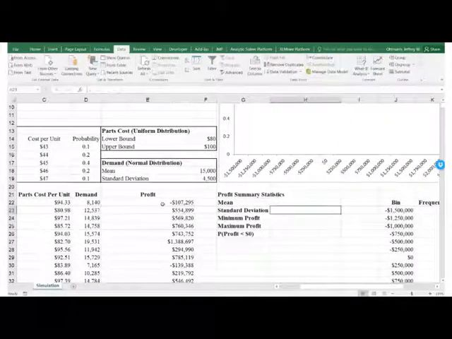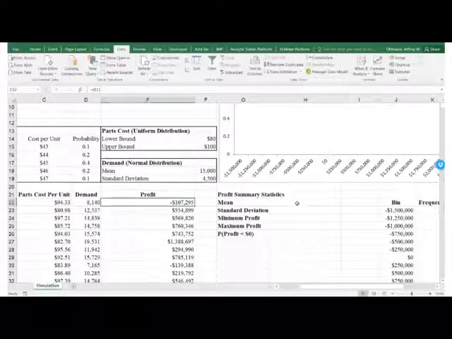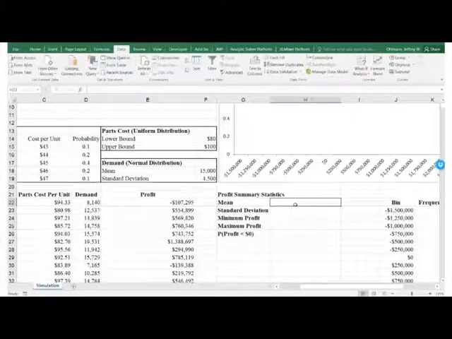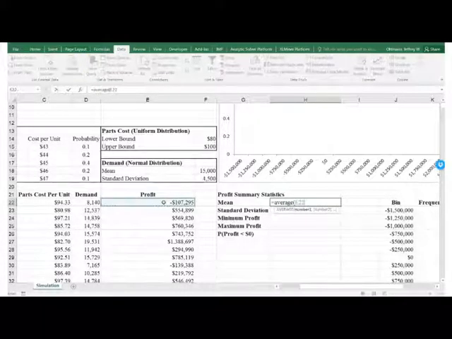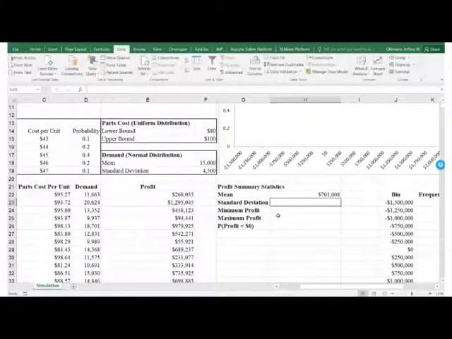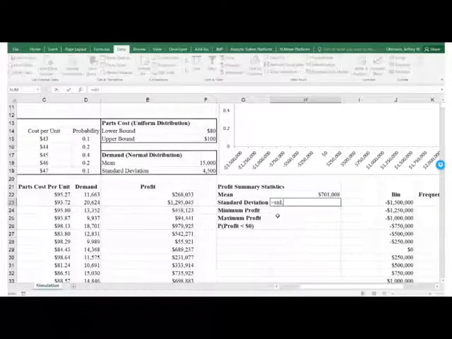We can now take these 1,000 observed values and compute summary statistics from the profit. You take the average profit of the 1,000 observed profit values. We can compute the sample standard deviation.